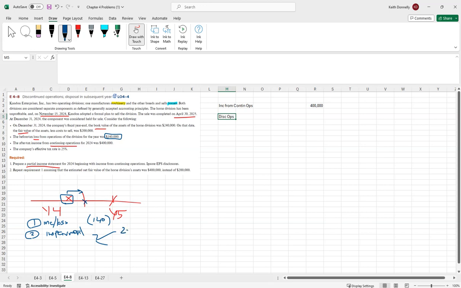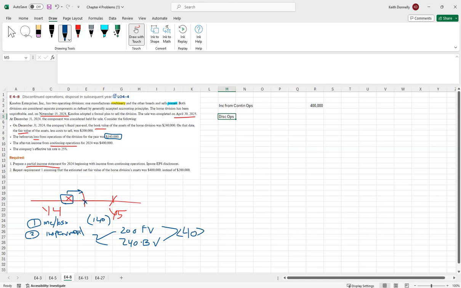Fair value is 200. That's what it's worth, but we're carrying it at 240. Book value, we have a $40,000 impairment loss. It's too big. We got to write it down by 40 grand. So how do we deal with this?